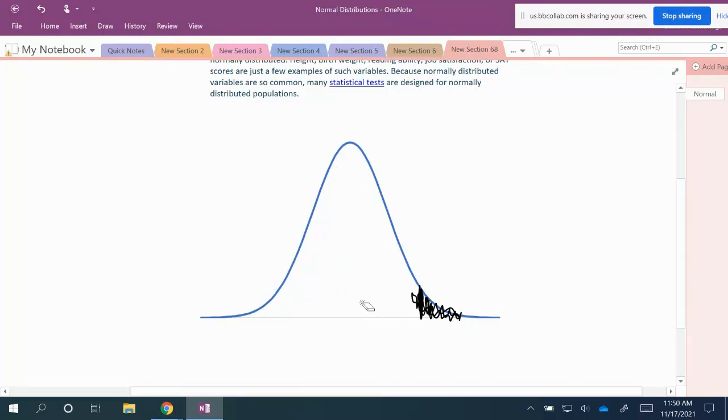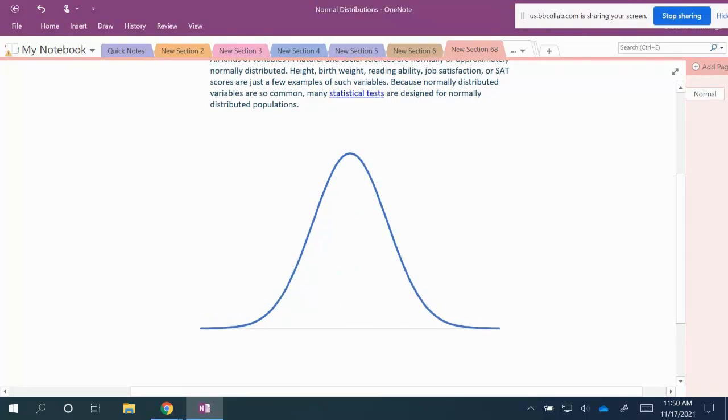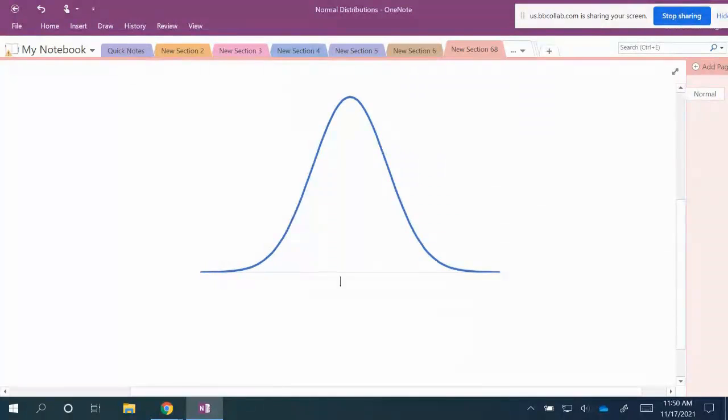So let's take a look at how that relates to the mean and the standard deviation. So keep in mind as we go forward, the probability is the area and vice versa. The area is the probability. So in these problems, you'll be asked to find the probability. You're actually asked to find the area.